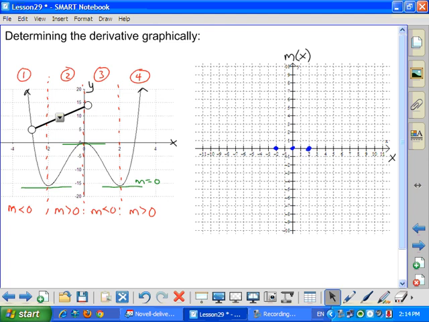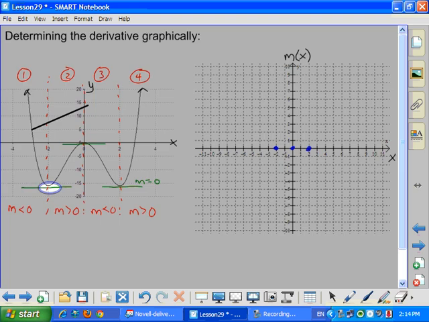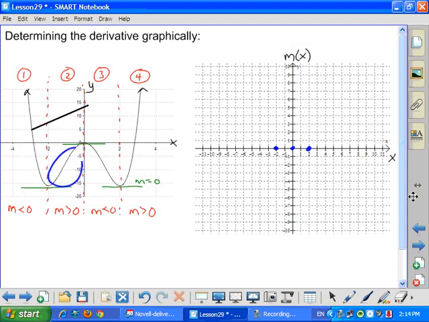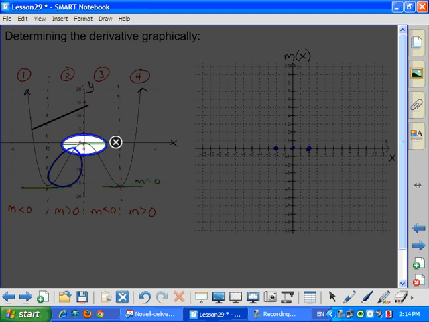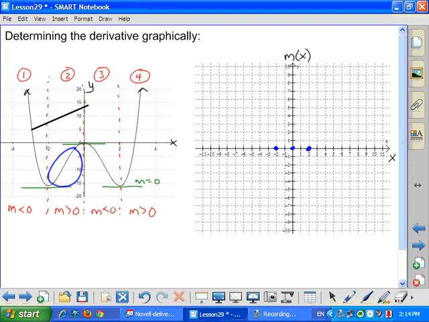So it goes from a slope of 0, so a slope of 0 right here. It then gets steeper, and then all of a sudden it starts to decrease because it has to get back to a slope of 0. So in that region, I don't know what the actual slope was, I just know it existed in section 2 above the x-axis because it had a positive slope.